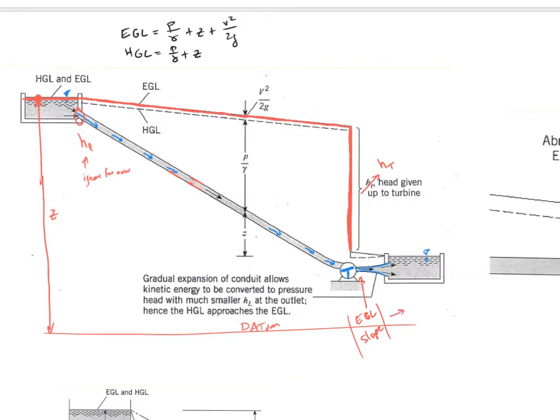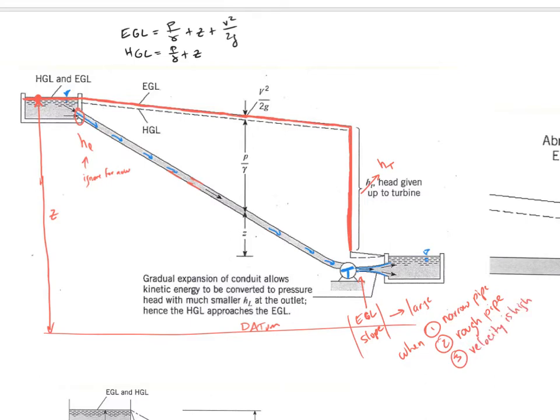The EGL slope is large when, one, the pipe is narrow, because the friction from the walls is more important; two, the pipe is rough, so if the pipe is made of concrete as opposed to glass; and three, the velocity is high.